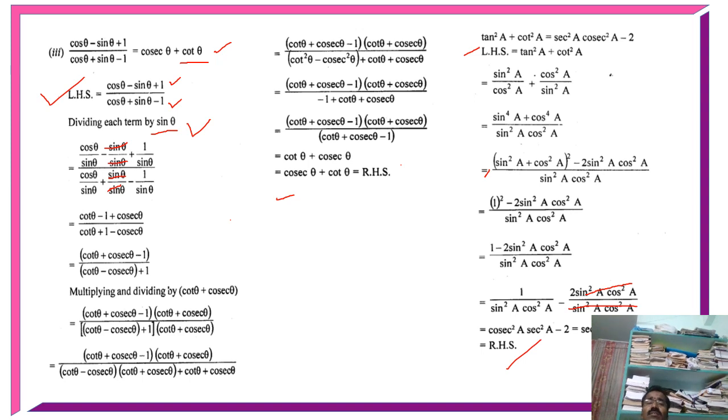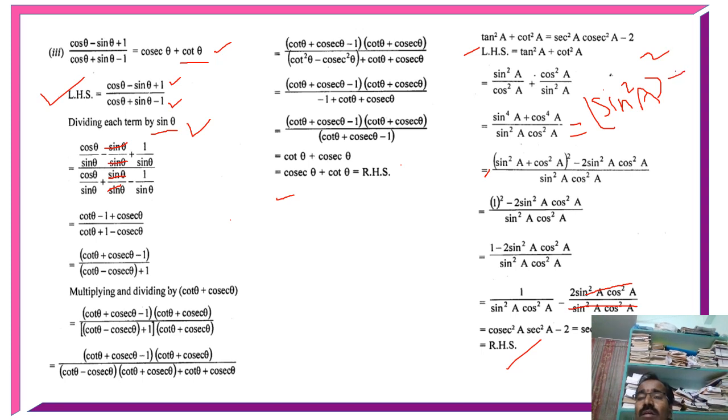We took the LHS, but here you need to remember sin power 4 a. For our convenience, to use a square plus b square form, we can write it as sin square a whole square plus cos square a whole square.